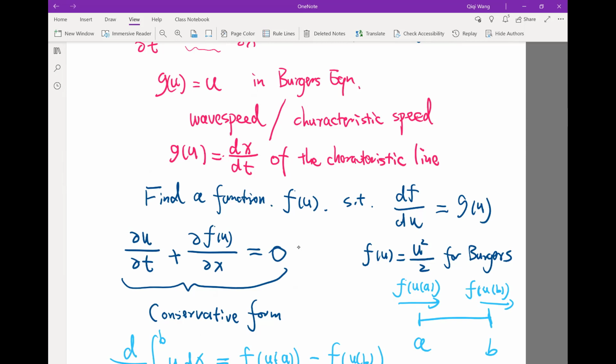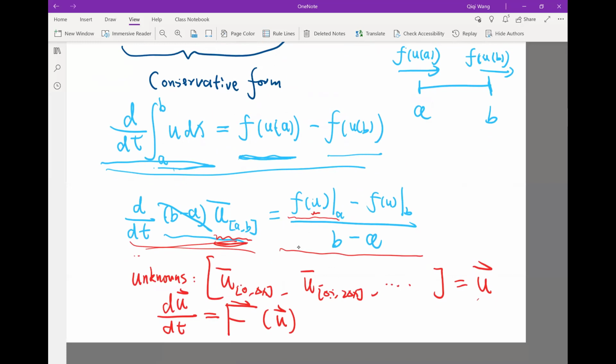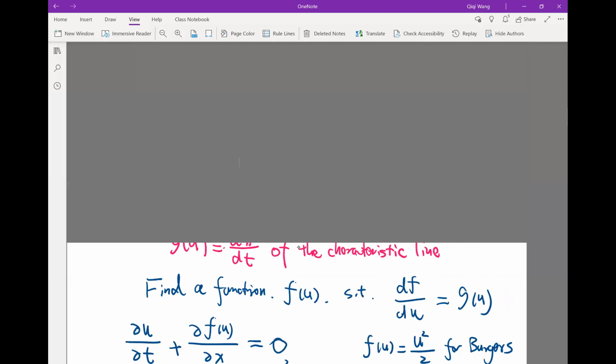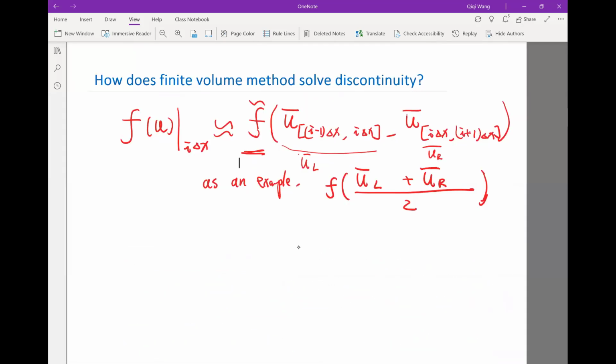So are these functions the same for finite volume, or is f tilde a different function? F and f tilde are different functions. f tilde is an approximation of f of u because I actually don't have the exact value of u. So I have to approximate the flux using the left average and right average. So f tilde is actually a bivariate function.